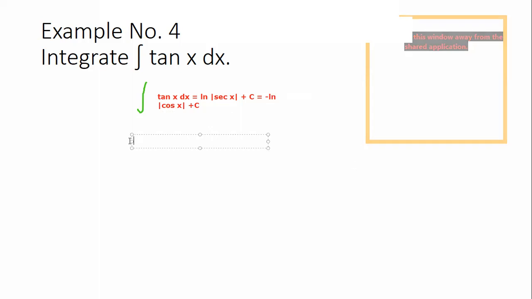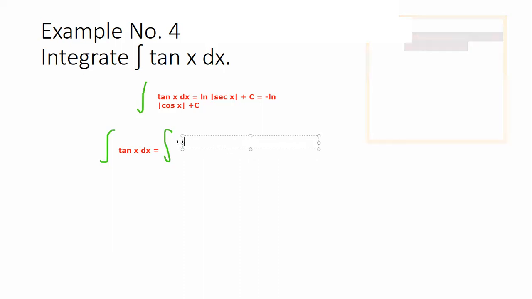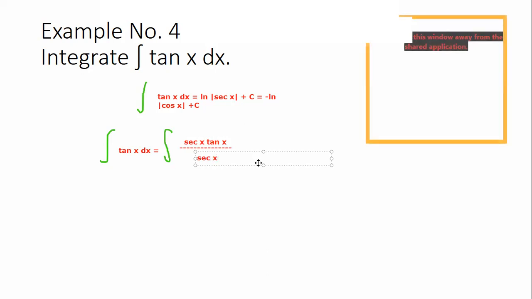We can derive how it became ln of secant. The integral of tangent x dx, we can manipulate this by saying it's secant x tangent x over secant x dx. So the numerator is secant x tangent x dx, and the denominator is secant x.